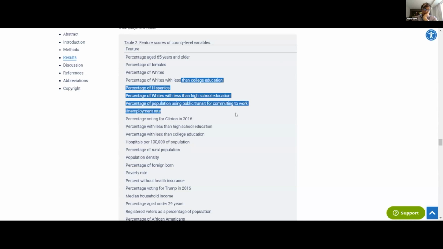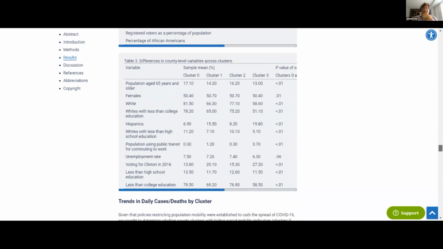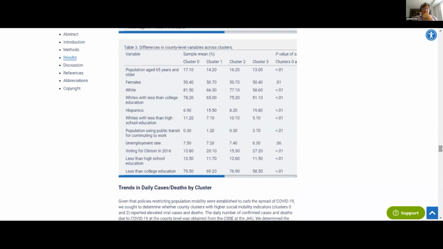Some race characteristics are too, but education is definitely important. So therefore, what I did is that now I want to look at something very simple, the sample means of these key variables. Cluster 0 is where we had the most mobility. And cluster 3 is where we had the least mobility.